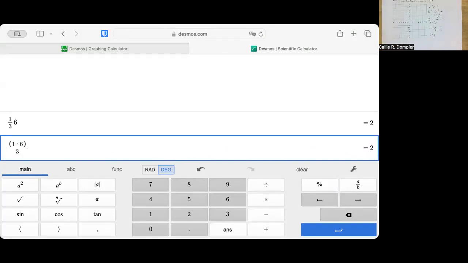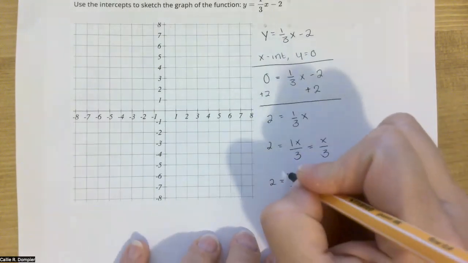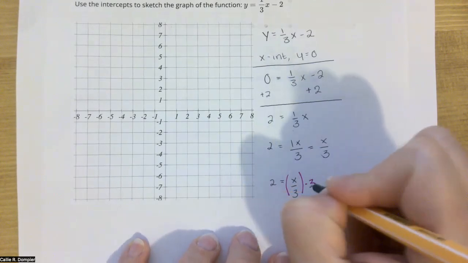So when you have the x next to the fraction, it means you're going to multiply that x by the top number and you're going to divide it by the bottom number. All right, that's what I want you to think. So how do we do the opposite of multiplying by 1 and dividing by 3? We multiply both sides by 3.